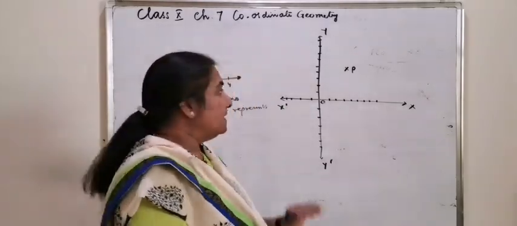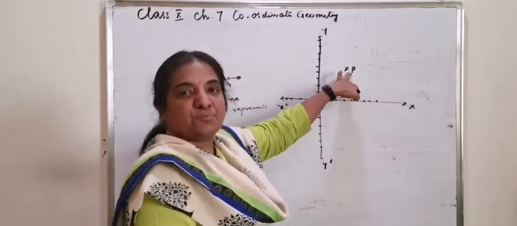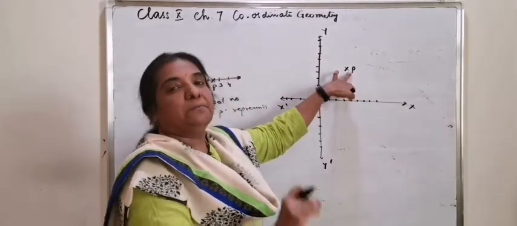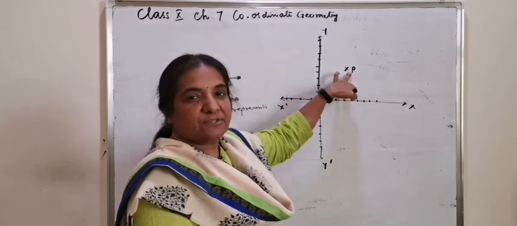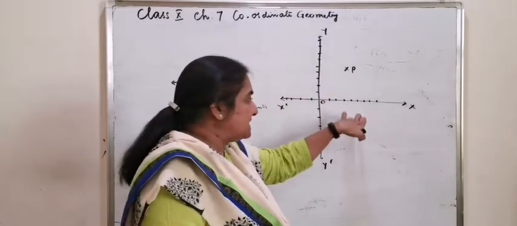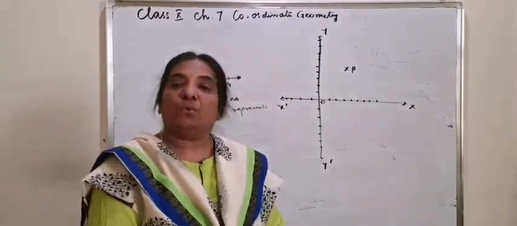Now the position of this point is determined by the perpendicular distance of this point from the x-axis as well as the y-axis.